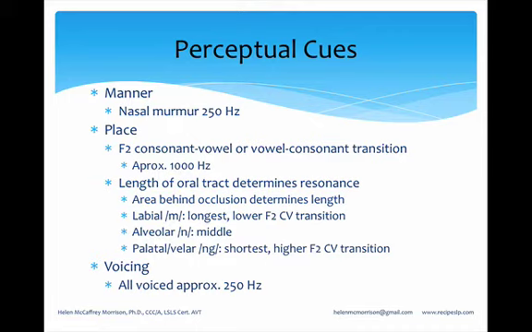So the potential areas of resonance can be that long nasal tract, but there's also a side resonance, and that is that oral tract from the glottis to the lips. So for that particular consonant, you have a lower second formant transition between the consonant and the vowel.